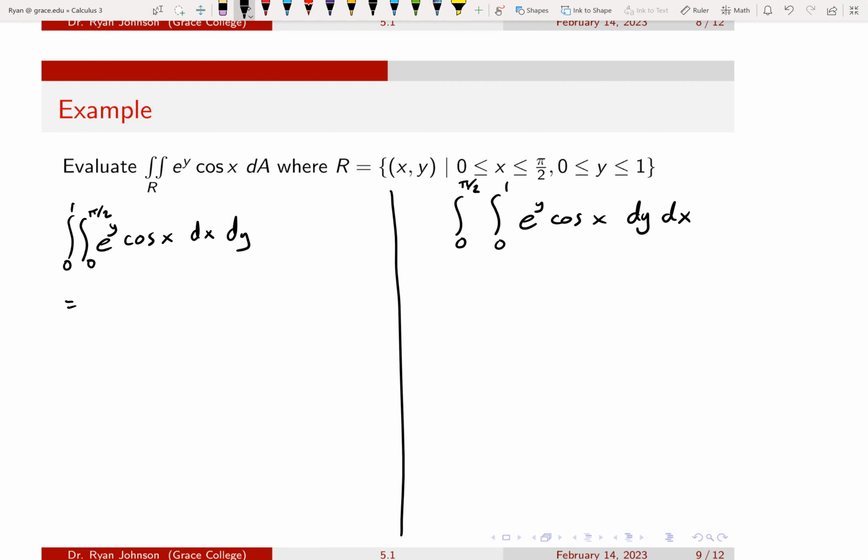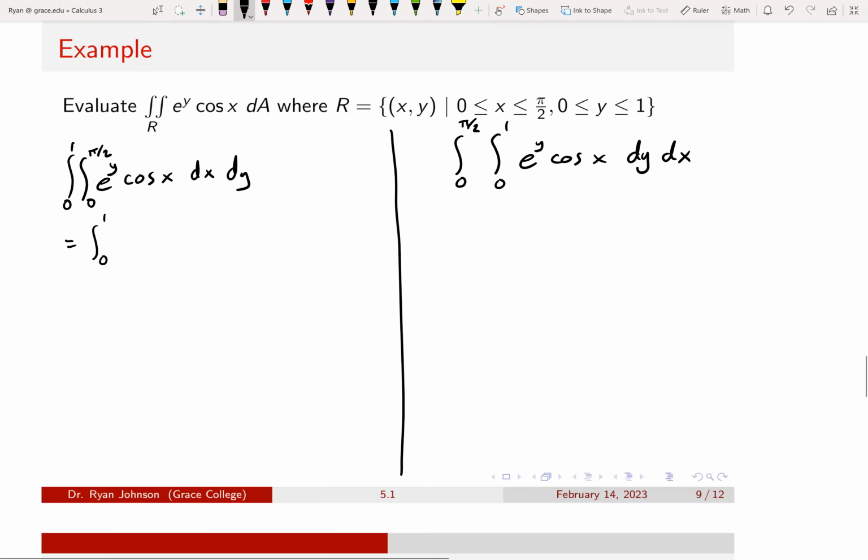Integrating with respect to x on the inside, the integral of cosine x would be sine x, and the e to the y is just a constant. I'm treating it like a constant.